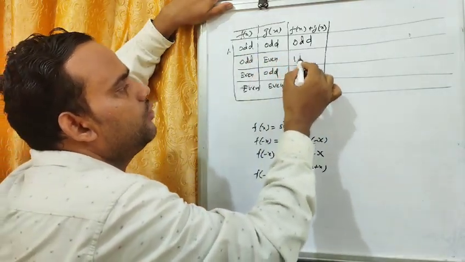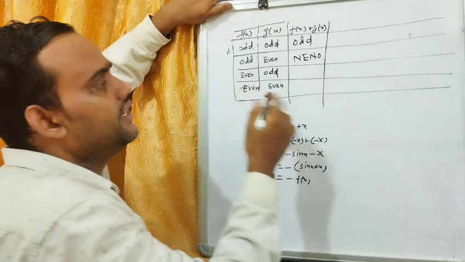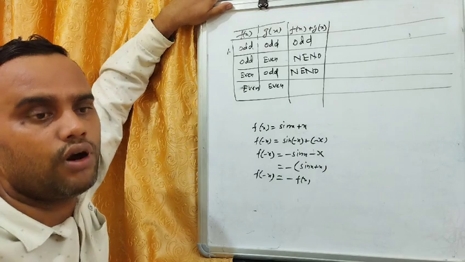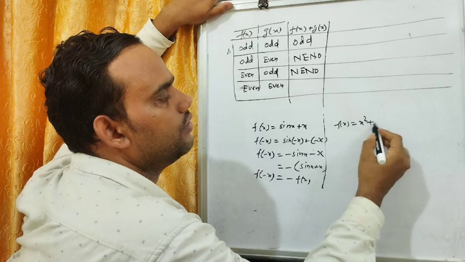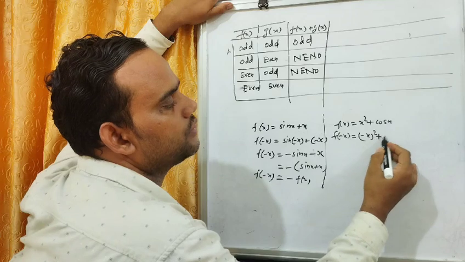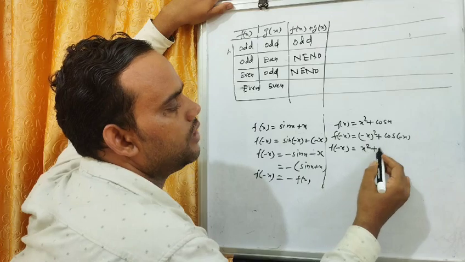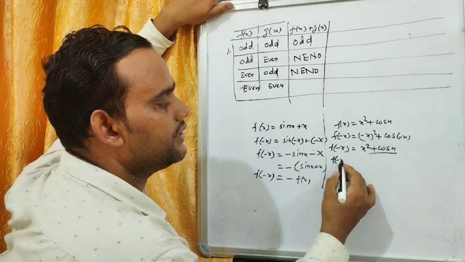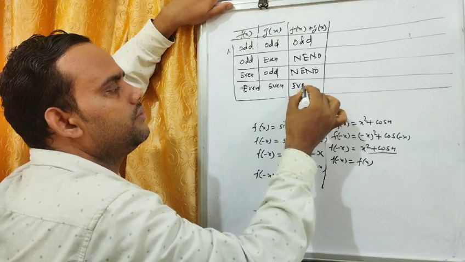If you put both, it is a nano function, neither even nor odd. Similarly, odd plus even is also nano. And if we take both even, for example f of x equals x squared plus cos x, then f of minus x is minus x squared plus cos of minus x, which equals x squared plus cos x. So this is an even function because f of minus x is f of x. So even plus even is even.